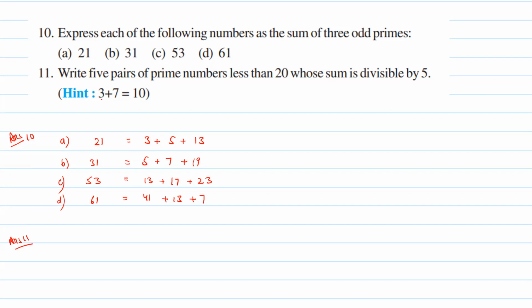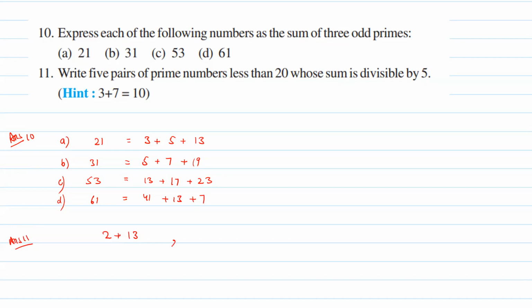Then if we add 2 plus, can we add anything to the 2? Yes, we can add 2 plus 13. It is less than 20 as well, and it gives a sum of 15, which is divisible by 5.